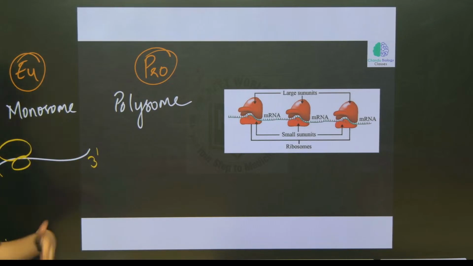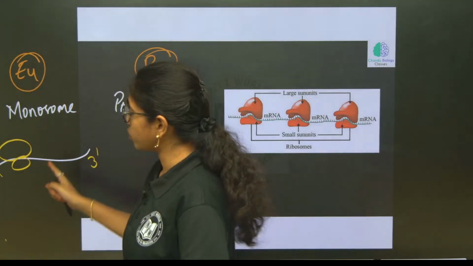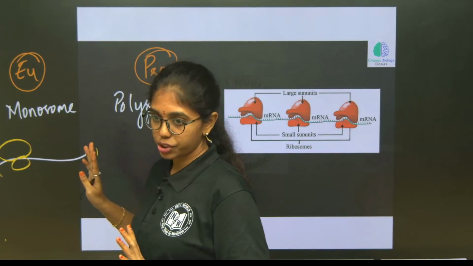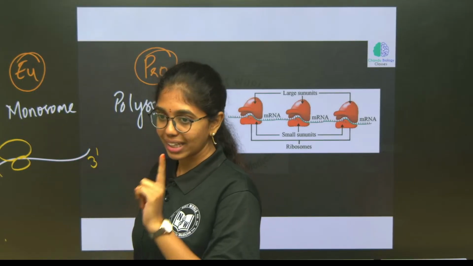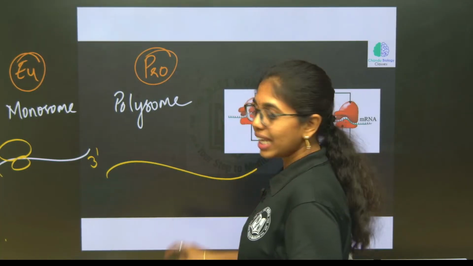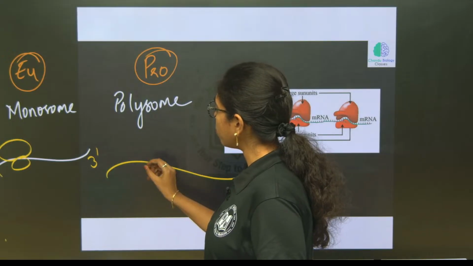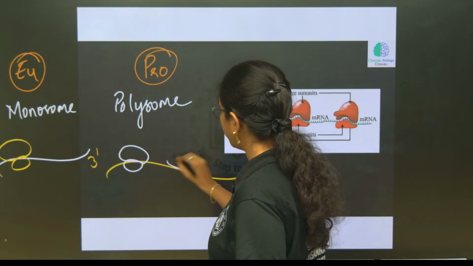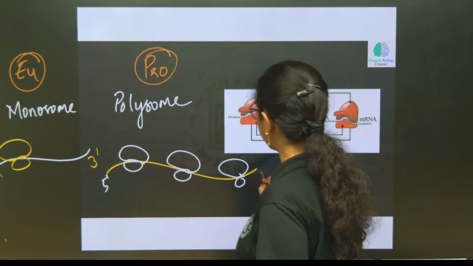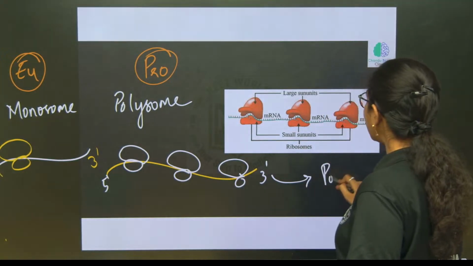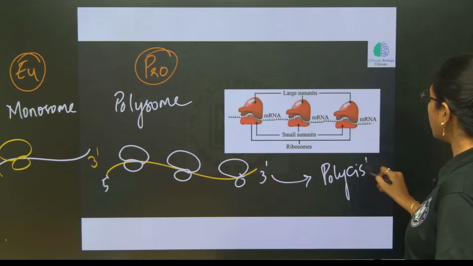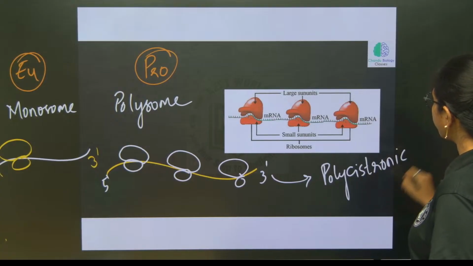In eukaryotes, after the 5 prime cap, the ribosome will get attached. So, mRNA with one ribosome is the monosomic condition. It gives only one protein expression, whereas polysome is a single mRNA with many ribosomes attached over it. After translation, this gives out polycistronic expression, that is multiple protein expression.